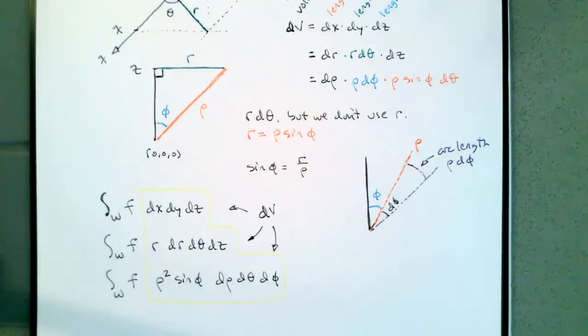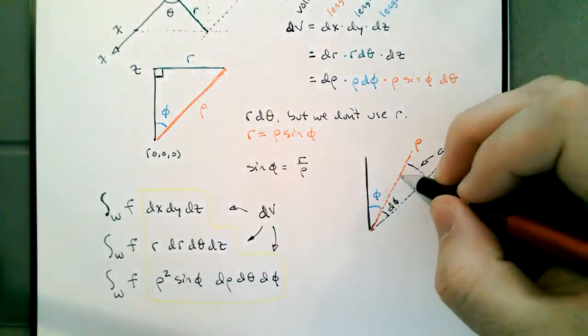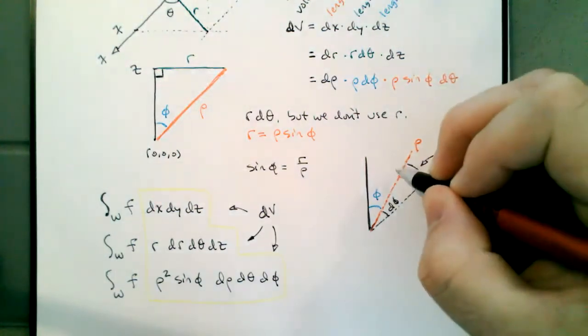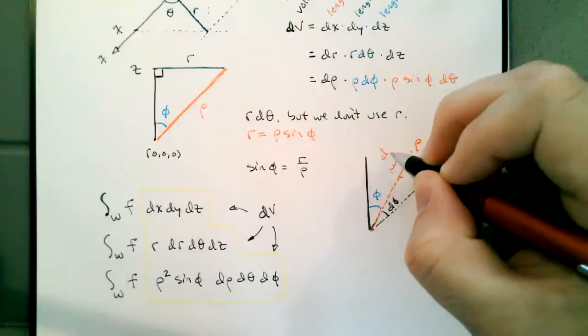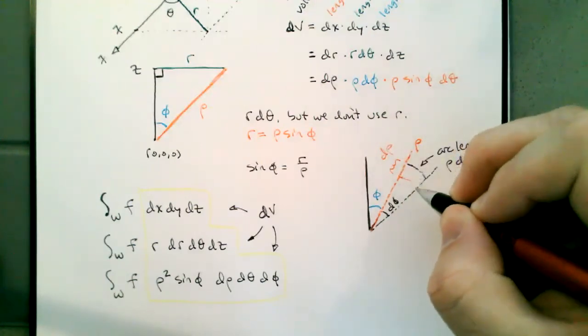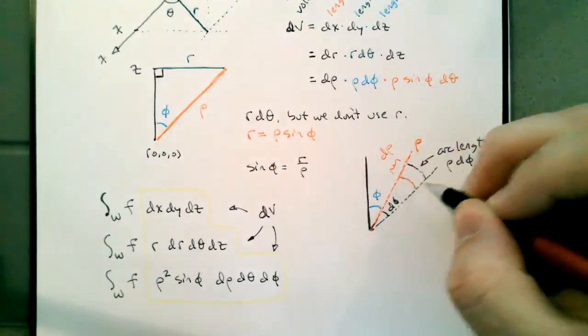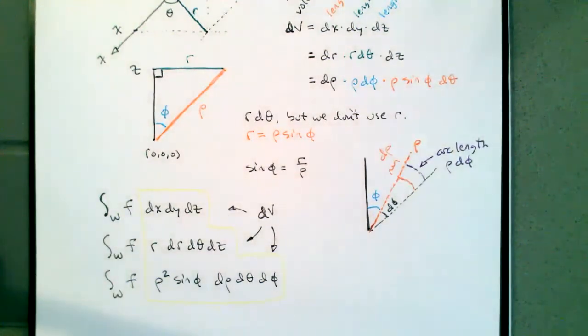It's curved, but if d phi is small enough, it's not curved that much. The smaller the angle is, the closer the arc length will be to flat. d rho is a change in length.